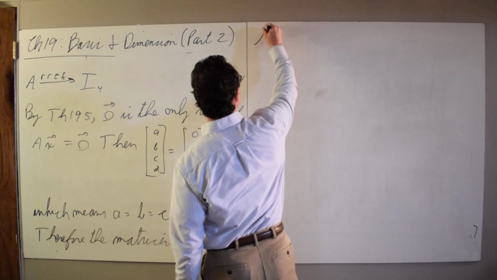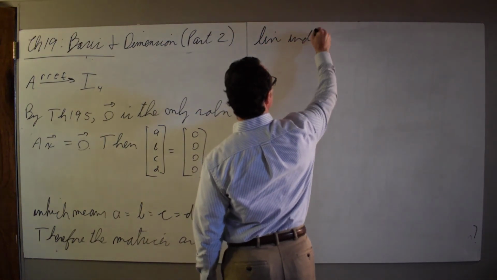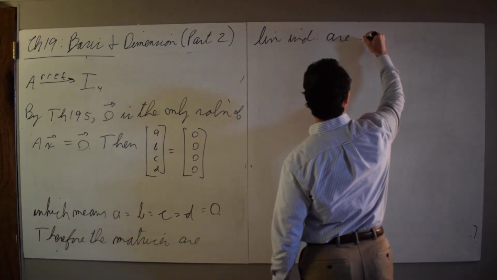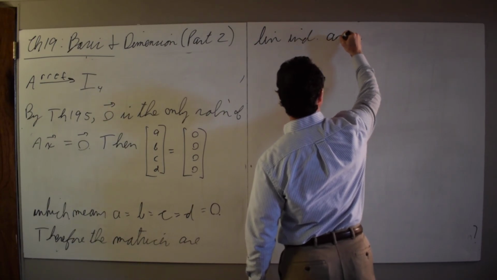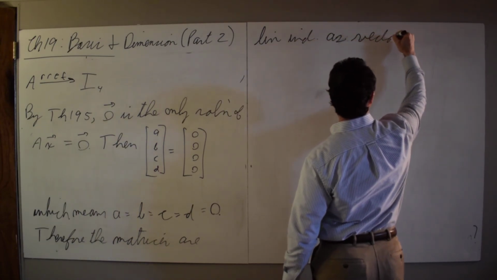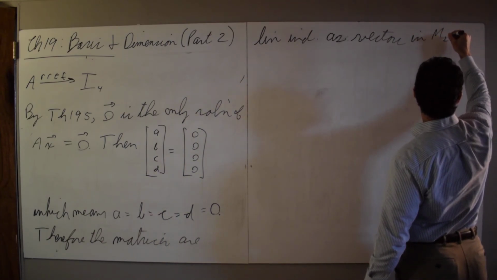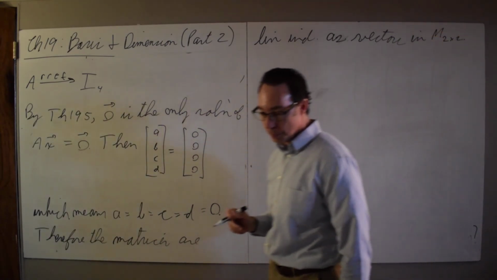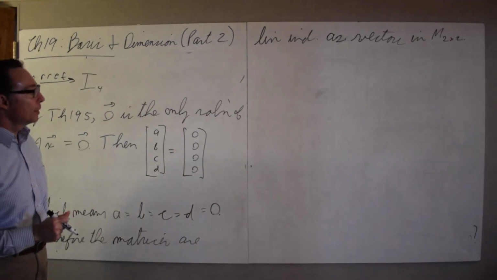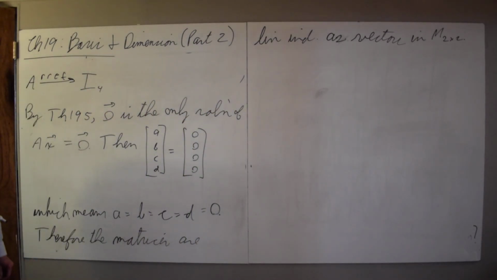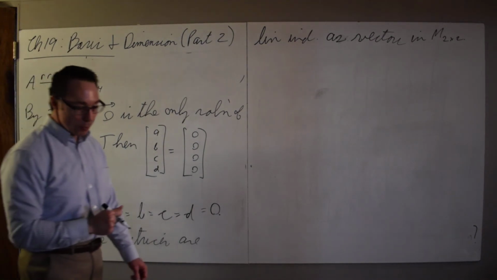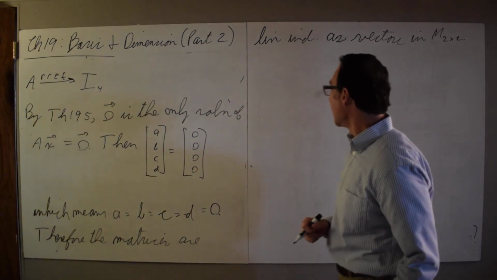They are linearly independent as vectors in M2 by 2. So we have a linearly independent spanning set.